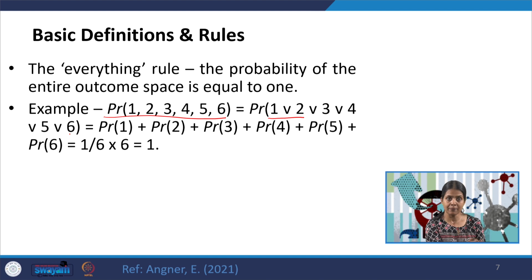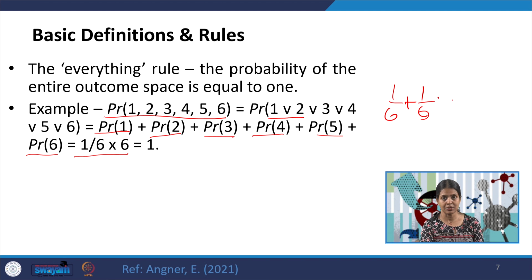Them together, this or this or this, not together of course, again we sum them up. So, probability 1, probability 2, probability 3, probability 4, 5 and 6, all summed up together would be 1 upon 6 summed 6 times, and that is why I have 1 upon 6 multiplied by 6, that gives us 1.